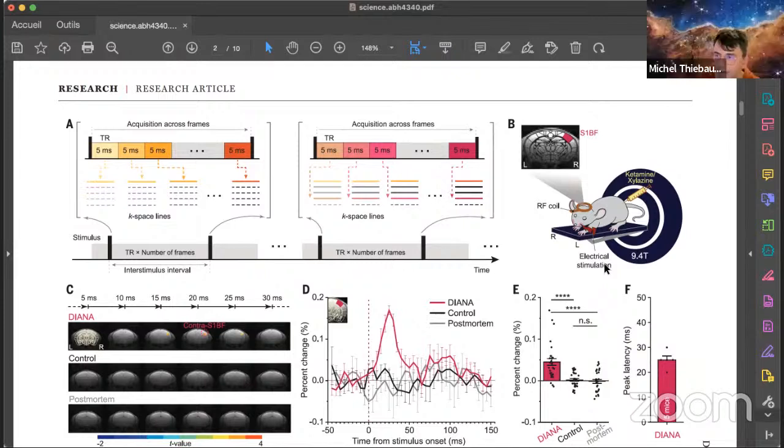Right, but how do they do it with the MRI? How do they measure it? What do you mean? Every voxel, well, here it is a pixel because it's in 2D, has its own time series, and you just look where there is change in the signal.